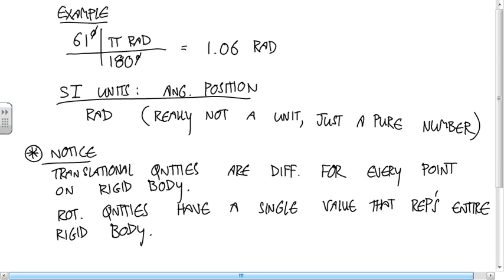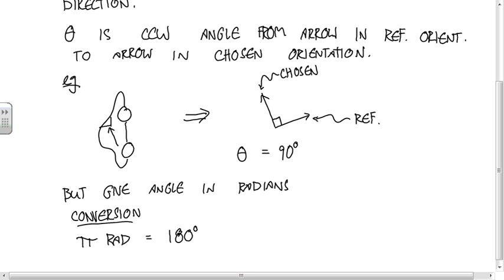So if you look back at this car example, what's the position of this car? Well, first we'd have to choose a zero position and choose an origin and coordinate system orientation. But once we did that, we still would have a problem: what part of the car do we want to know the position of? The car is 3 meters long or something. So the position of the rear bumper is different than the position of the front wheel, okay?